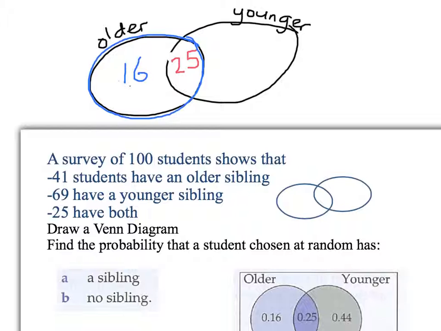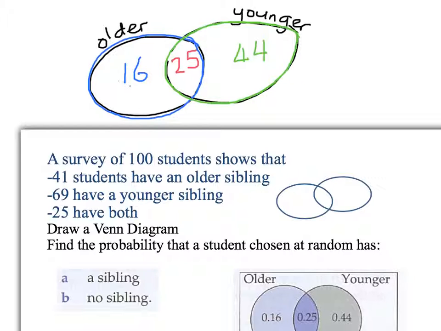And I can do the same with the younger group. In this younger group, if I colour it with the green, we have younger is 69. Take away the 25, leaves me with 44 students have just younger siblings.